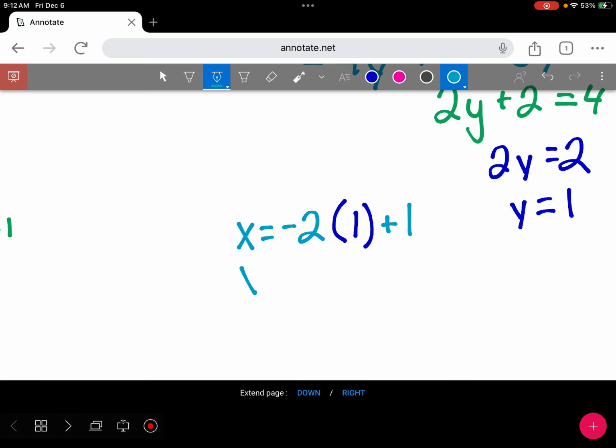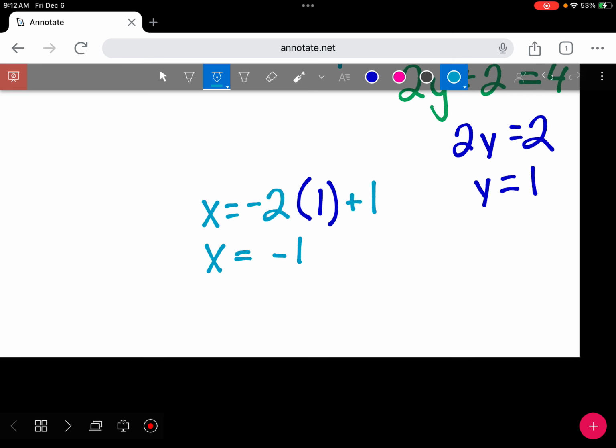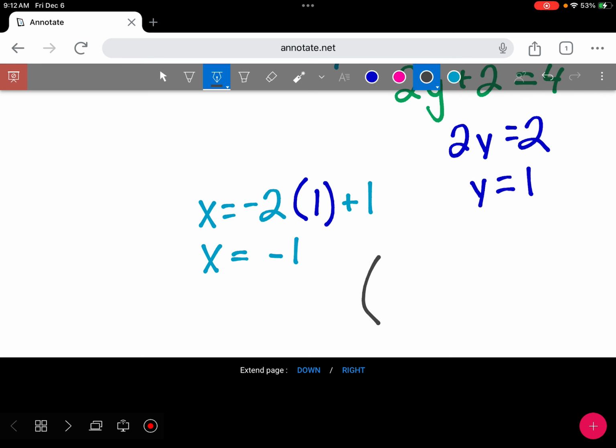So what is our x going to equal? Negative 1. So our solution to this system is negative 1, positive 1.